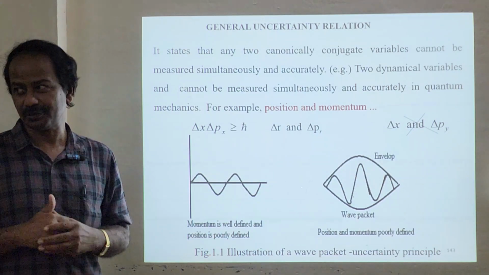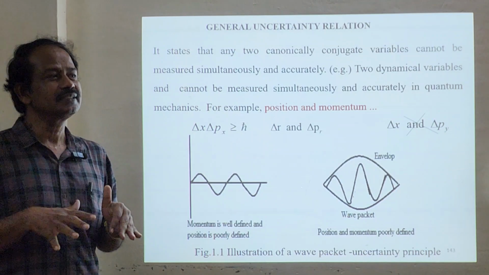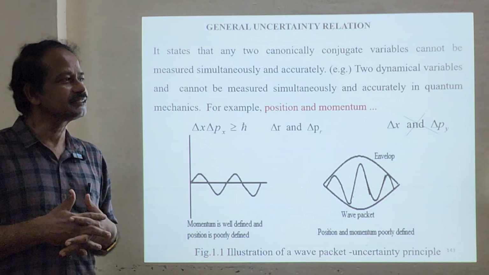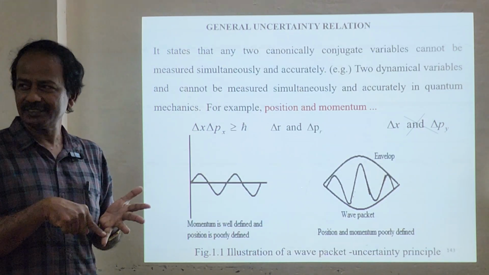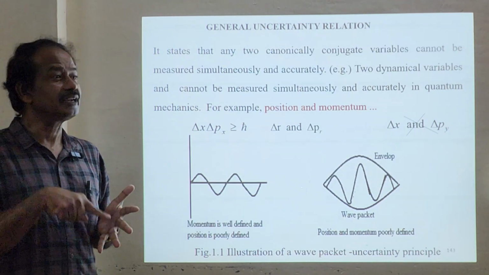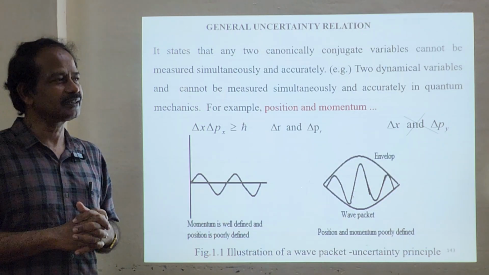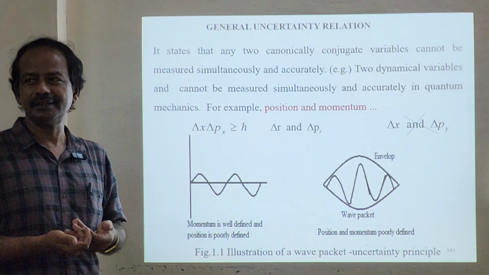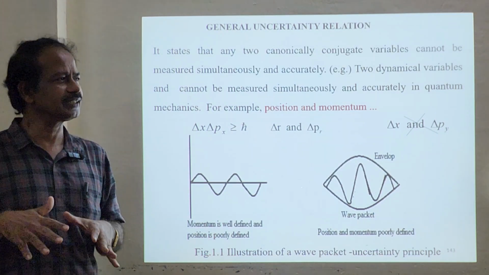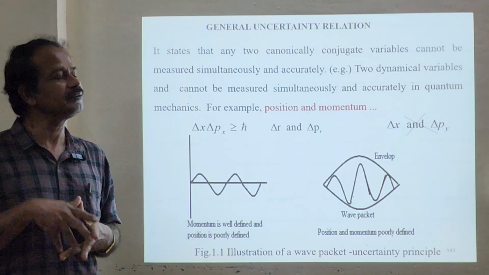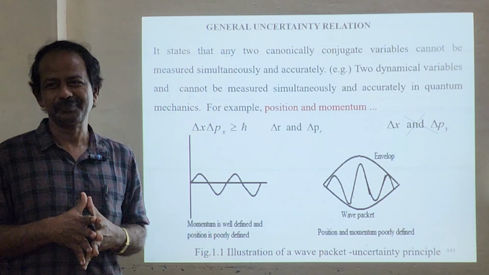Actually, matrix mechanics was proposed and discussed with two of his friends, Jordan and Max Born. Put together, they proposed it, but however, Heisenberg put forth all the ideas, so he got the Nobel Prize. Max Born got the Nobel Prize later, in 1954 or so, and Jordan did not get the Nobel Prize. So that's the story.